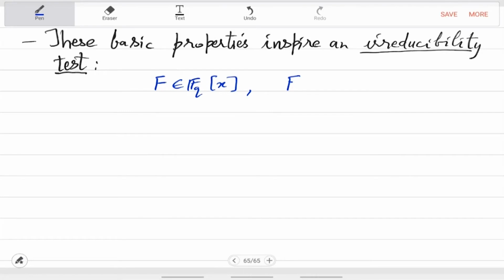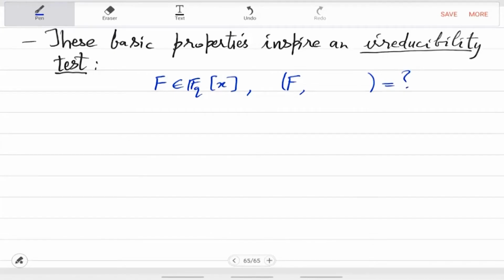So I want to take GCD of this with something. So by looking at the previous equation, what should you take GCD of this with? So if big F has a root, then it will satisfy A to the Q minus A, right? So you should actually then take GCD with x to the Q minus x, right?